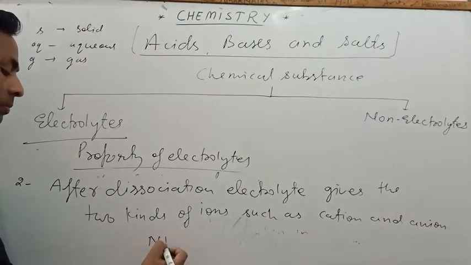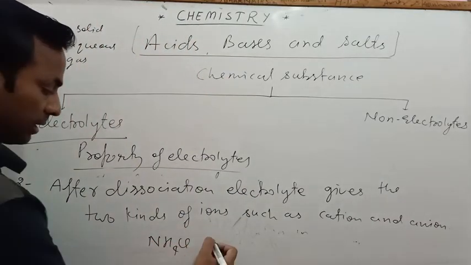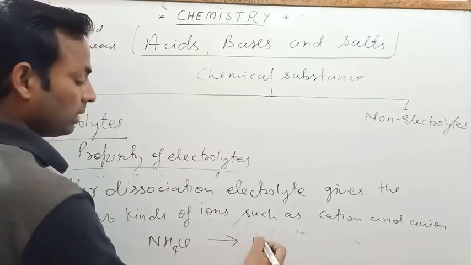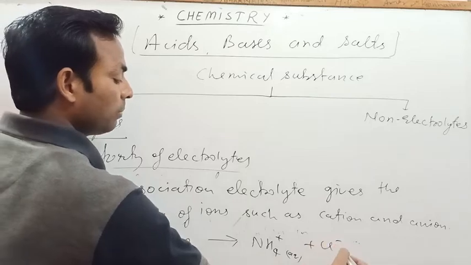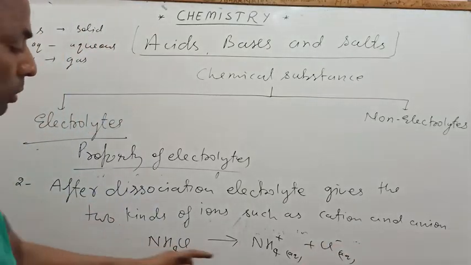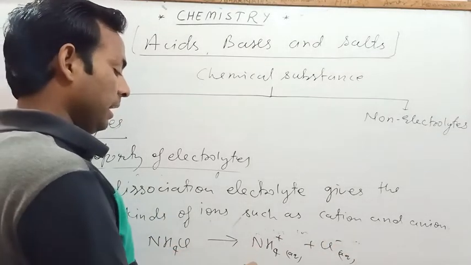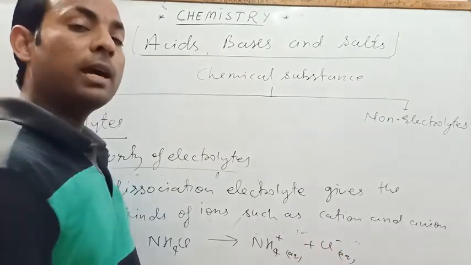Like ammonium chloride, an example I am taking. It ionizes and gives NH4+ ion aqueous and Cl- ion aqueous. So look here, this part is called cation and this part is called anion.